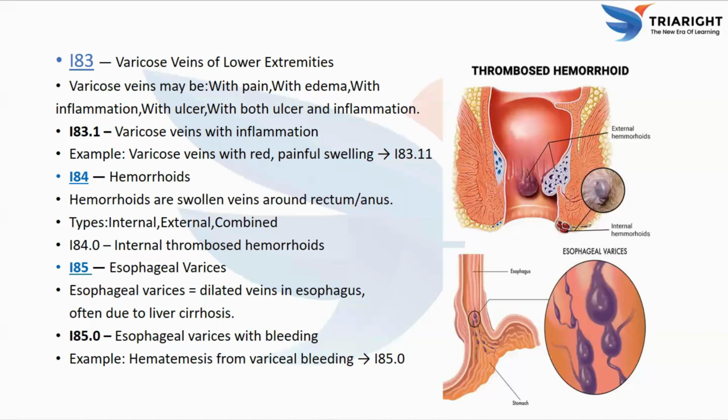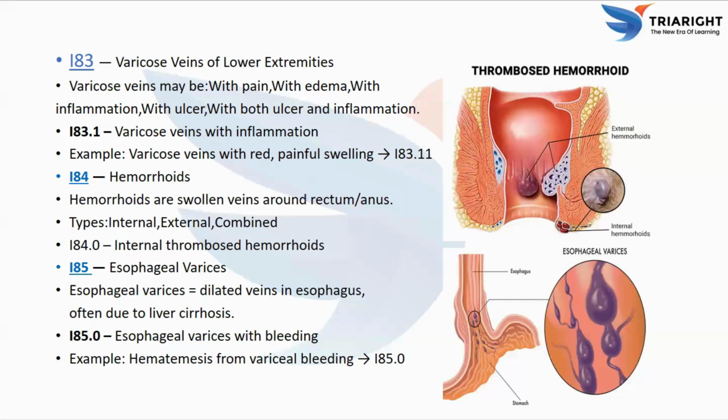So what is the subcode for esophageal varices? I85.0, esophageal varices with bleeding. Whenever the swollen veins burst, you can find massive bleeding, right? So whenever esophageal varices with bleeding is diagnosed, you have to assign the code I85.0.